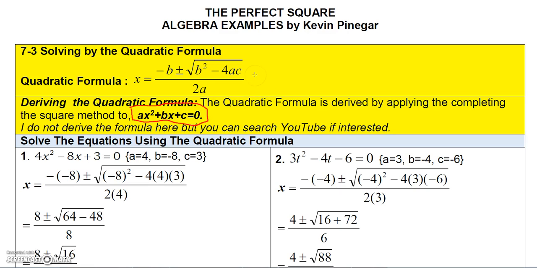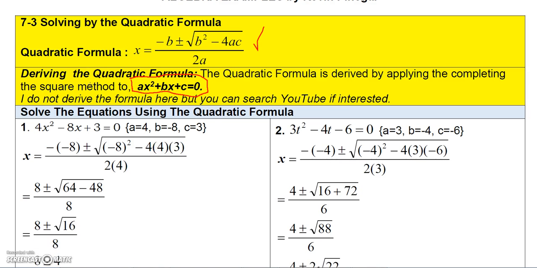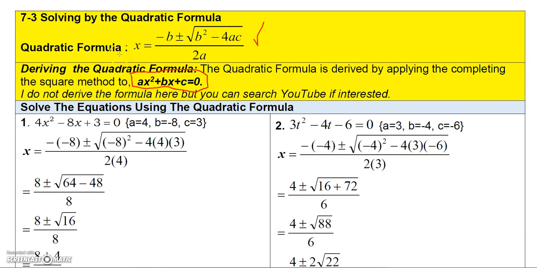And then that formula is going to be this formula, and you can use that formula to solve any quadratic equation. If you want to see the quadratic formula derived from the completing the square method, then just do a search on YouTube for something like deriving the quadratic formula, and you'll certainly find someone on there that can show you that. I just elected not to show you where it comes from in this lecture.